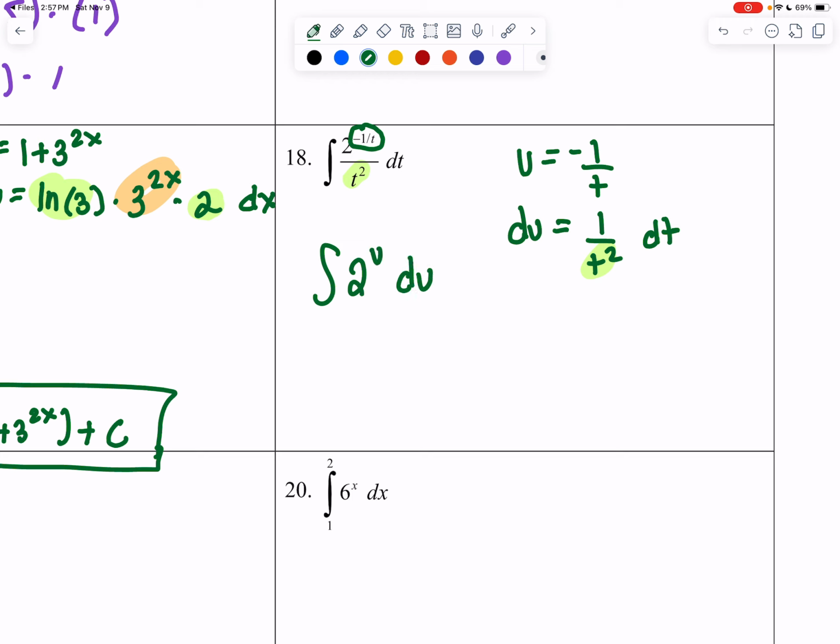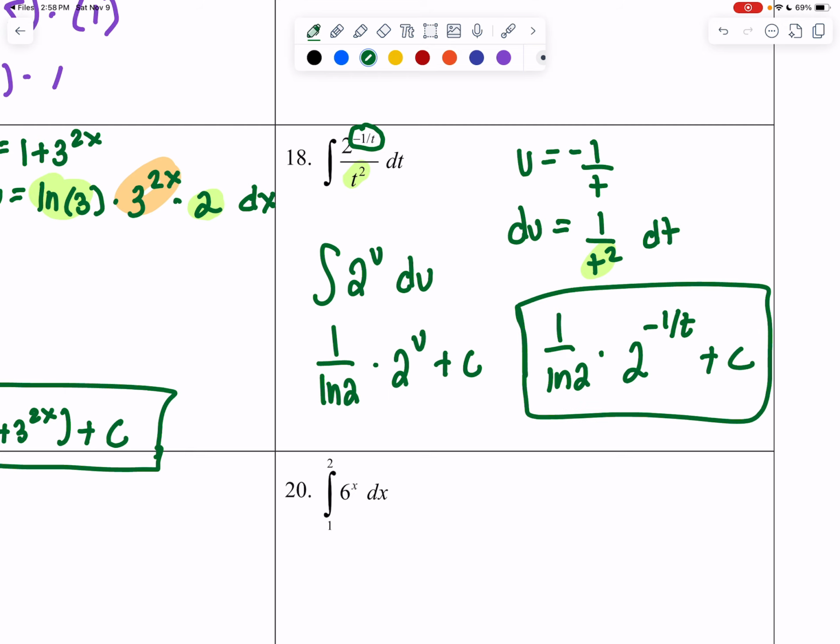And I know that the antiderivative of that is going to be 1 over ln of 2 times 2 to the u plus c. And I know that u is negative 1 over t. So this right here is going to be my antiderivative.